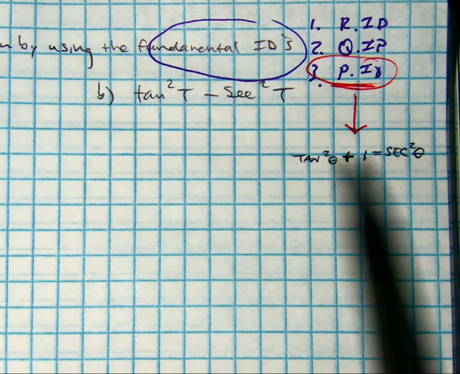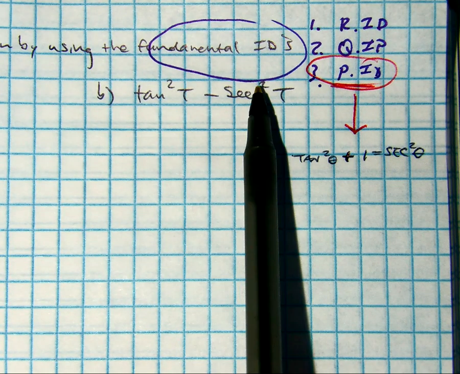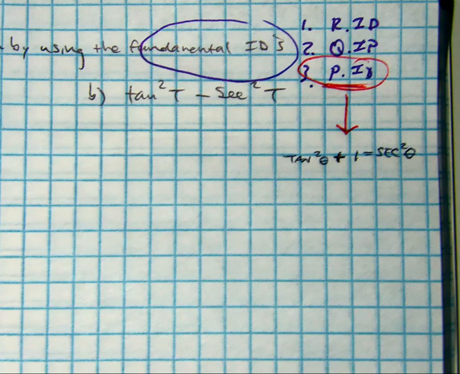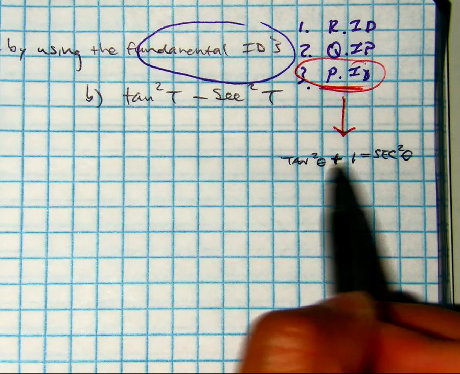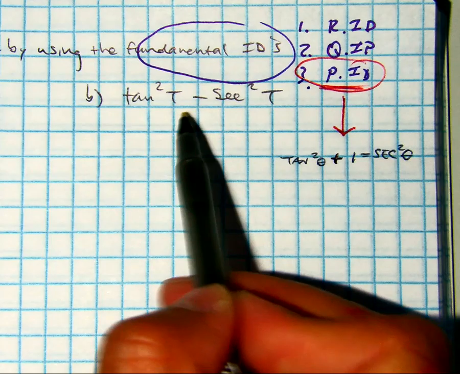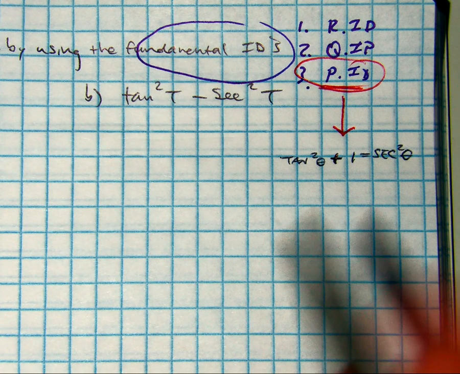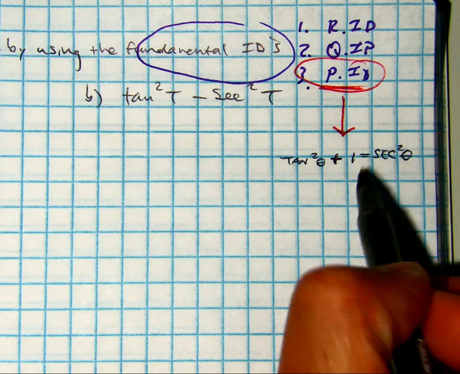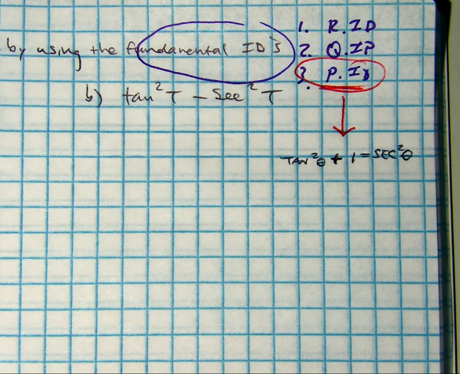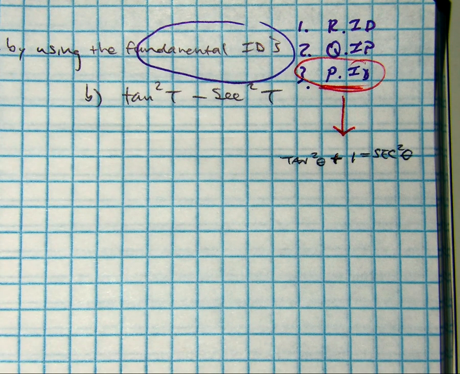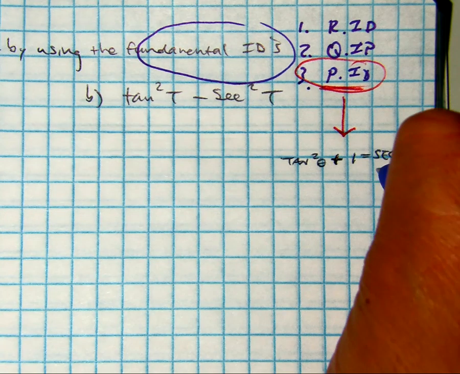Do you see that? And they're also to the what? Squared, power of 2. How do I get this Pythagorean identity to look like this? Someone said add secant. But remember, I want secant to be negative. Minus secant. So we're going to subtract secant from both sides.